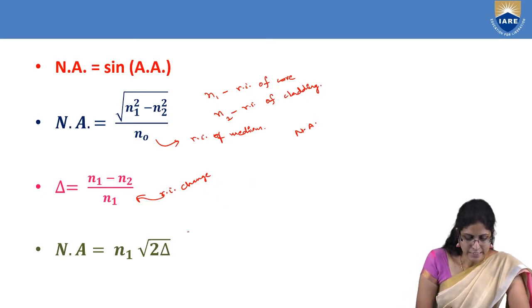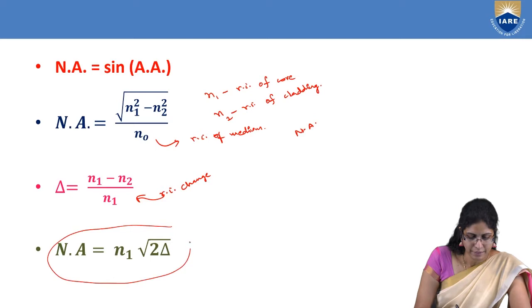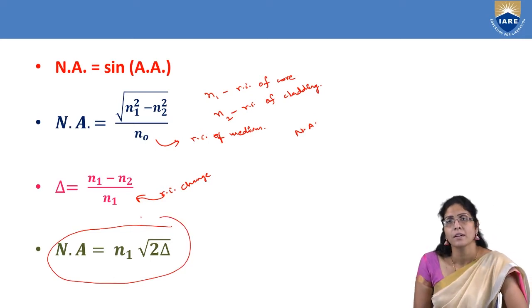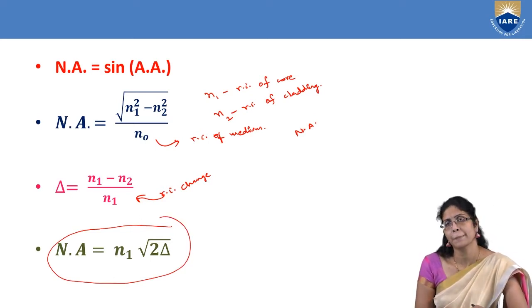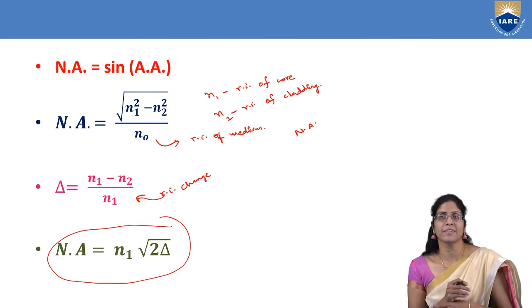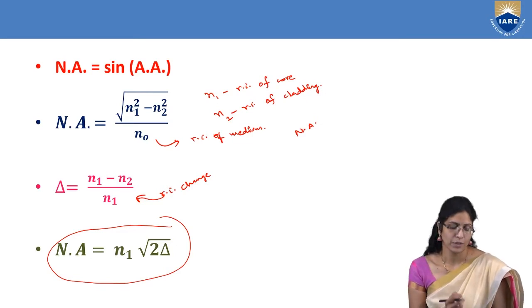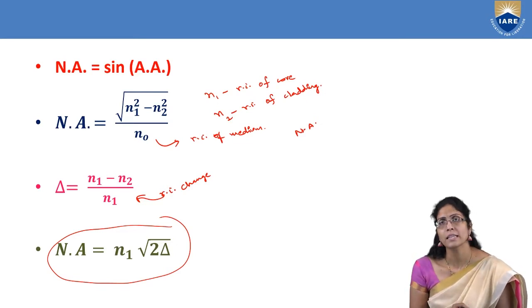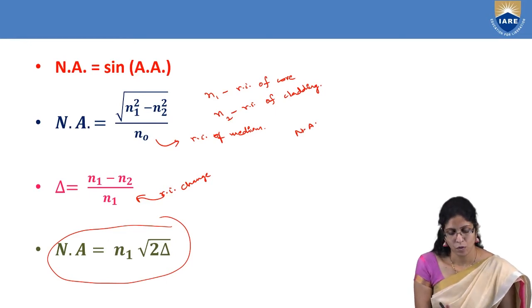Then you get the refractive index difference, which is related to the numerical aperture, as numerical aperture is equal to n1 times the square root of 2 times the refractive index change. We have seen in the previous lecture how we get it.